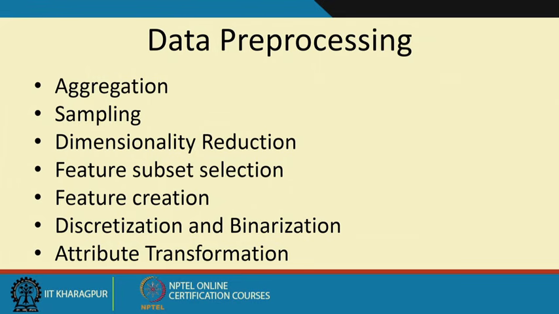So, he will try to figure out which are the important ones and just pick up few of them. So, this process of picking up only the information that is important is the process of dimensionality reduction. You pick up only the attributes that are important. There are two types of dimensionality reduction, either is a subset selection, another is a feature extraction or creation.